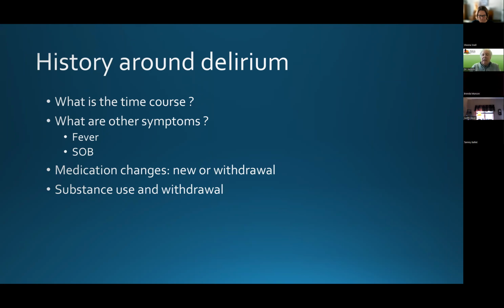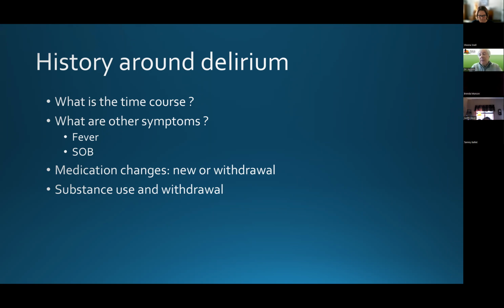Has there been any change in the medication profile within days to weeks? Because sometimes changes in medications don't show up for maybe a week or two after you've changed the medication. This is particularly true with longstanding users of antidepressants, for example.